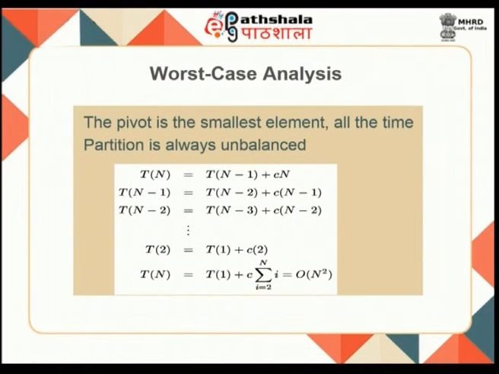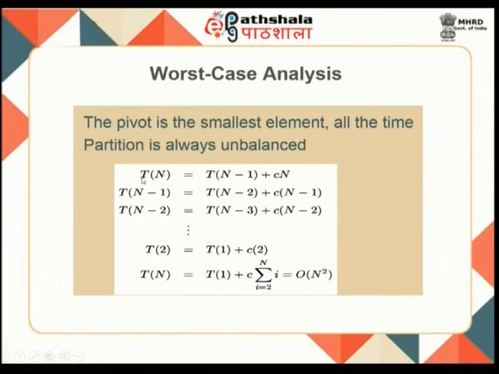Why? For example, let us say the pivotal element happens to be the first element. Then your left hand side list S1 consists of 0 elements and all the elements go to the right hand side. If that is the case, then the partitioning is going to be worse.